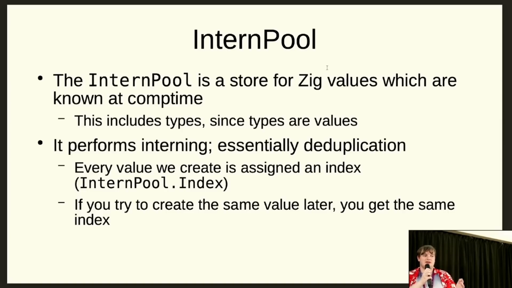And as the name hints, it does interning, which basically means that it deduplicates the types. So the way the API works is when we create a value, we give it an index. And if you create the same value later, if you request the same thing, you'll get the same index back, because there are some data structures internally which do this deduplication for us.